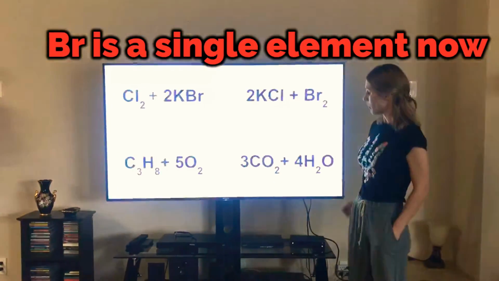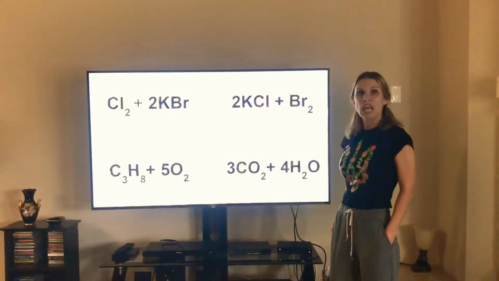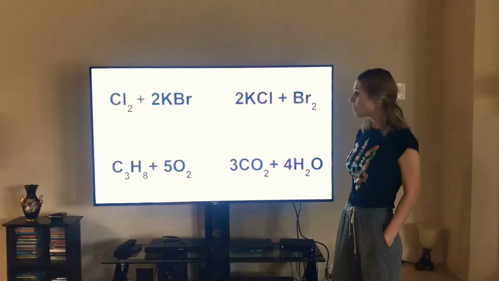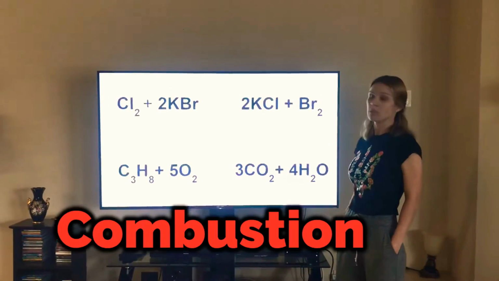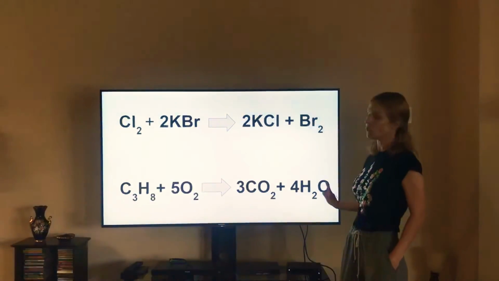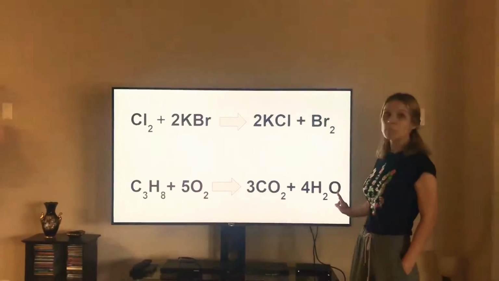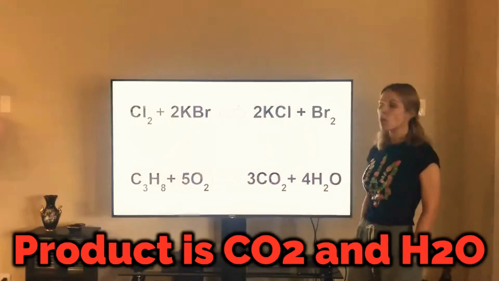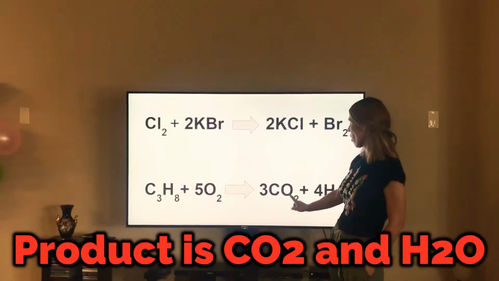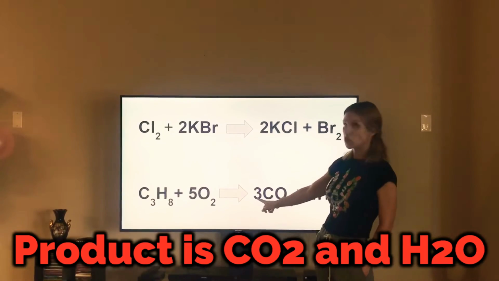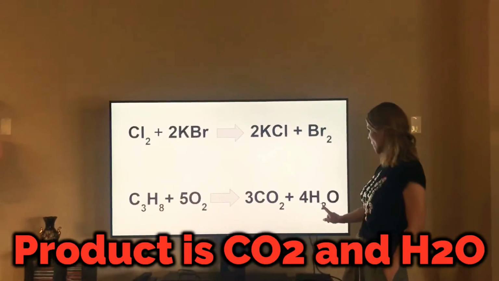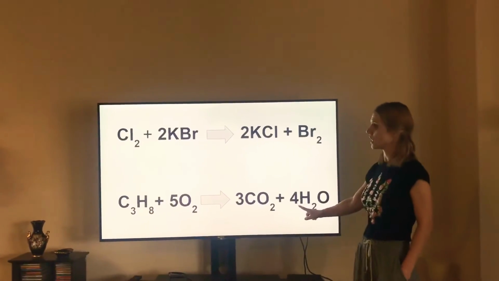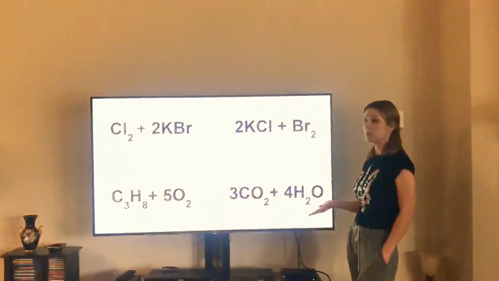So this is single replacement. The bottom one, she actually guessed right. It is combustion because it doesn't look like any of the others, but this is what's very important for combustion. As products, you only going to have CO2, coefficient can be different, and H2O, coefficient can be different. That's why it's combustion.